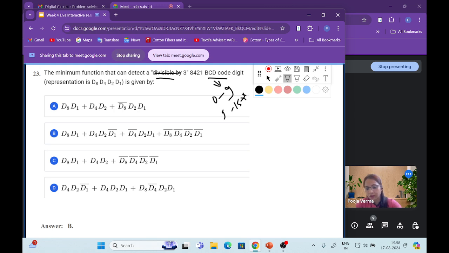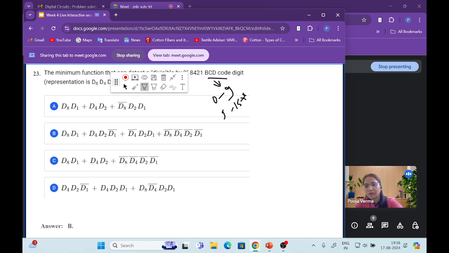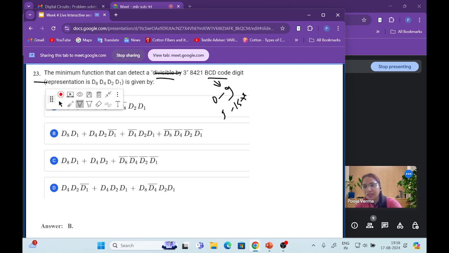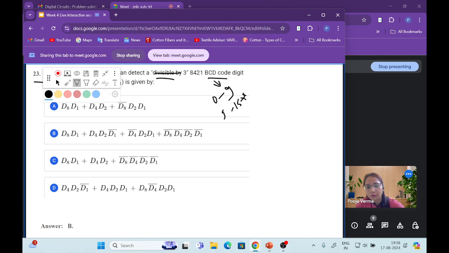Okay, so first we need to make a truth table. I am making it here, then I will remove that truth table because we need the space. We need to find the minimum function to detect divisibility by 3. Here it is already given in the D8, D4, D2, D1 form, so we need to write it.